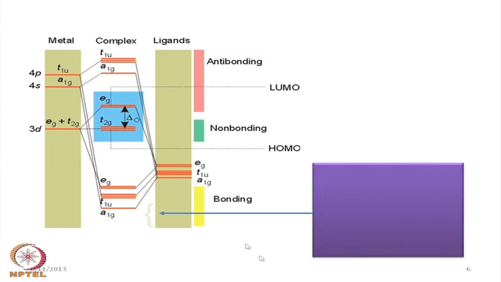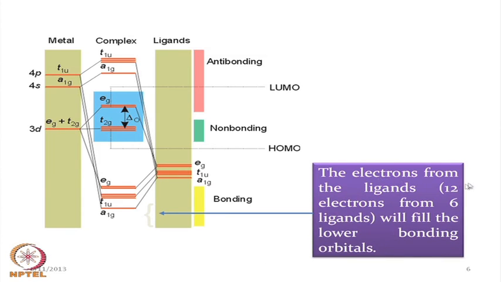So, the ligands provide altogether 12 electrons from the 6 ligands, with 2 electrons per ligand, because we are considering the ligands as 2 electron donors, whether it is the oxygen atom of water or the nitrogen of the ammonia molecule.